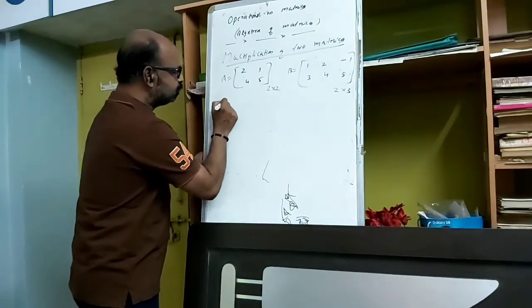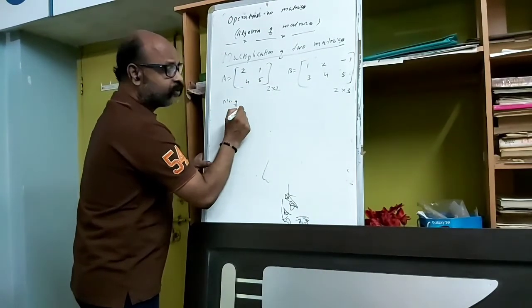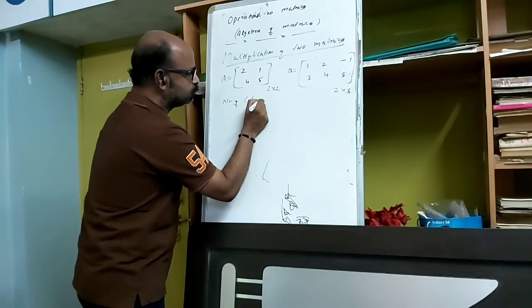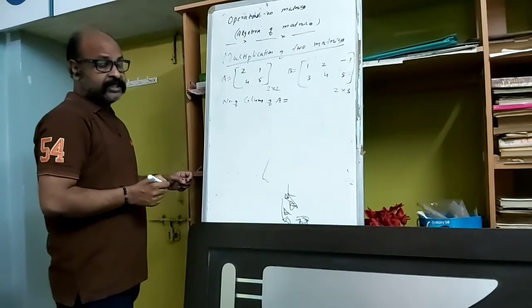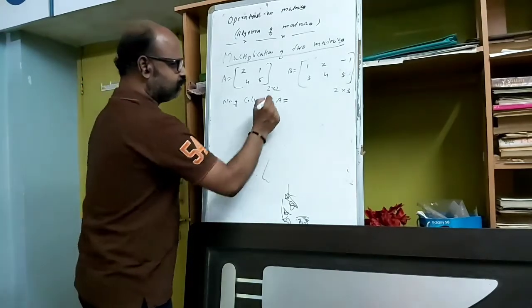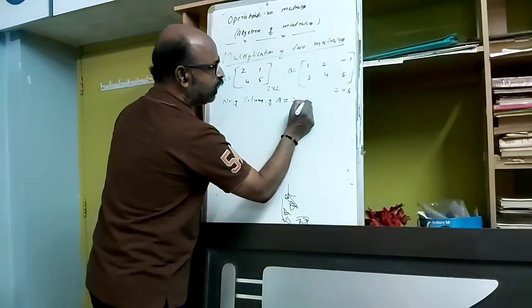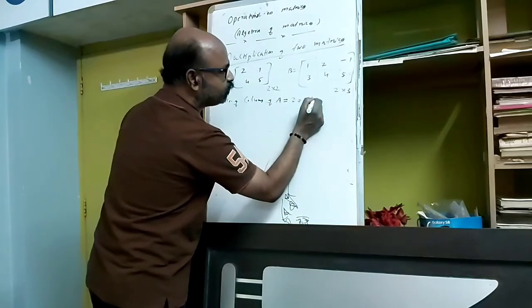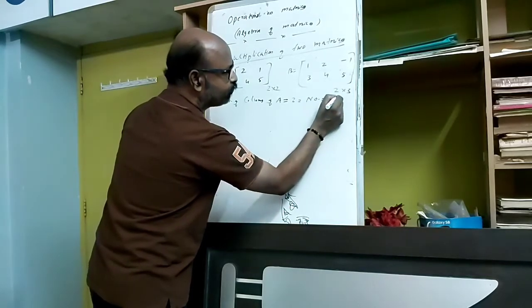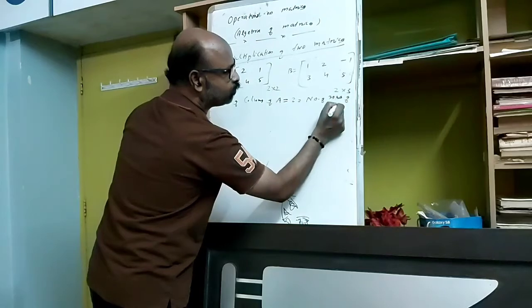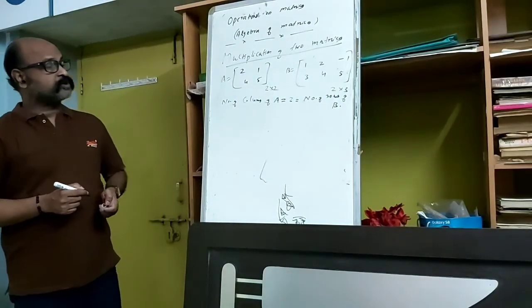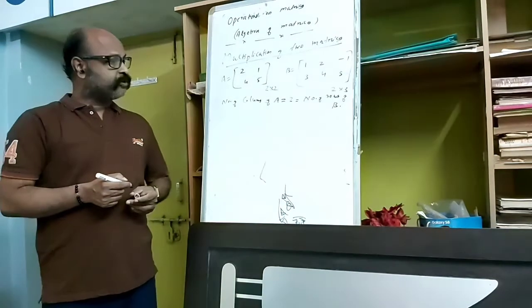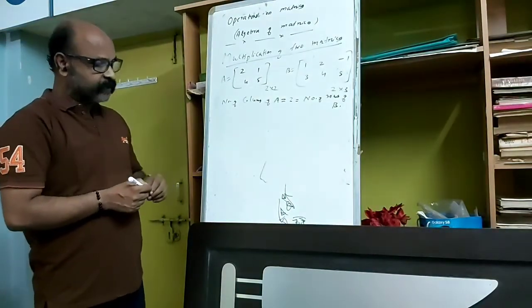Here the number of columns of A, the first matrix, is 2, and this 2 is nothing but the number of rows of B. So the number of columns of the first matrix is equal to the number of rows of the second matrix.